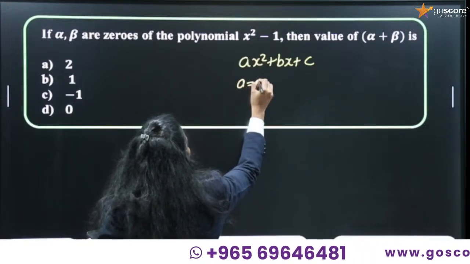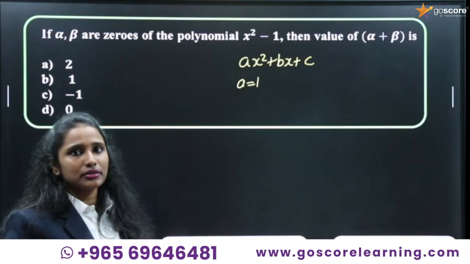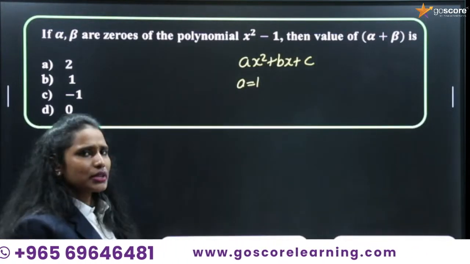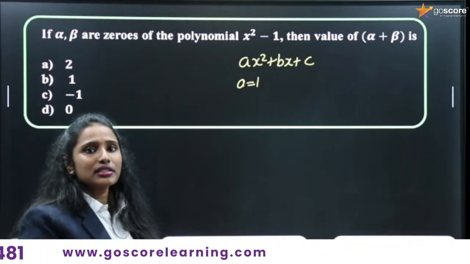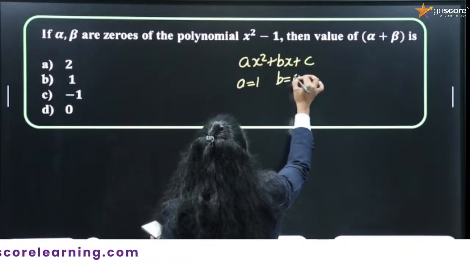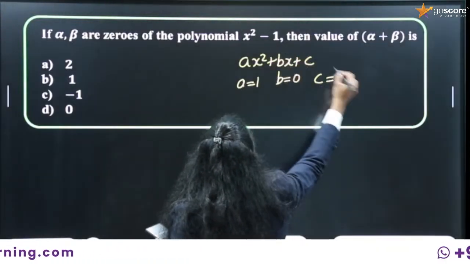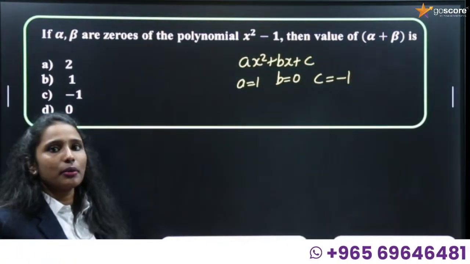So a equal to 1. What about b? There is no x term there. There is no x term means b is 0. So b is 0 and c is equal to the constant term minus 1. So a equal to 1, b equal to 0, c equal to minus 1.